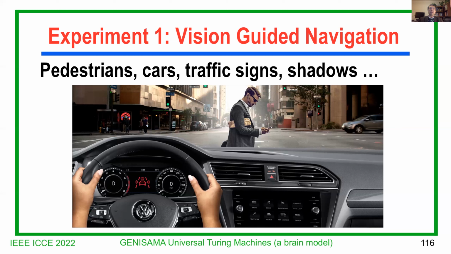So let's talk about experiments. Vision-guided navigation: you have a complex environment with pedestrians, cars, traffic signs, and shadows.